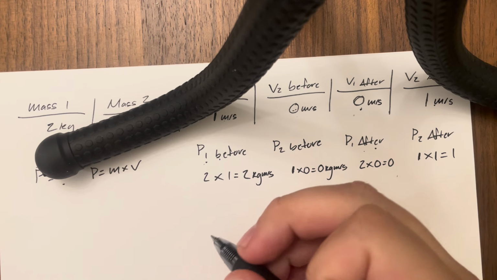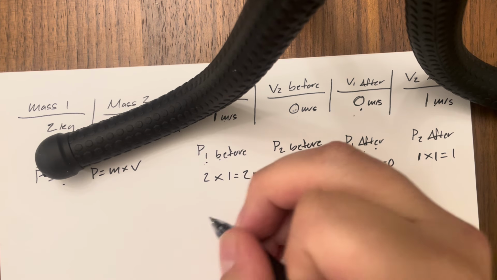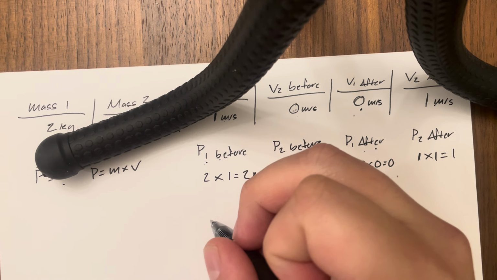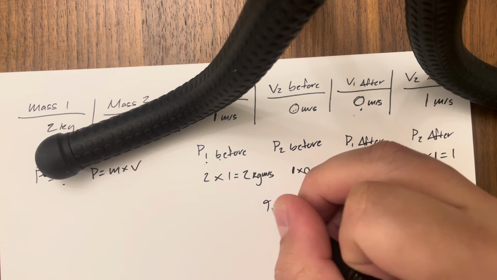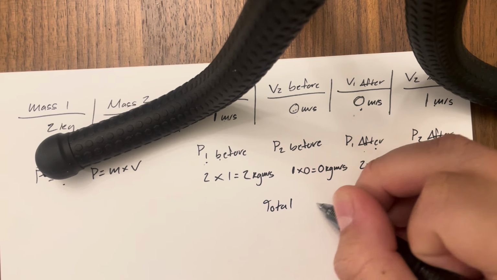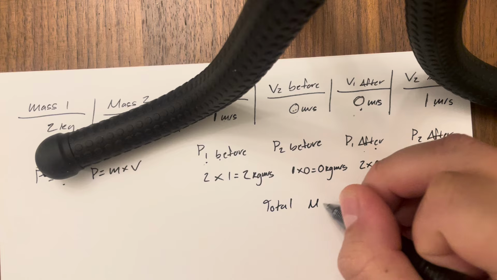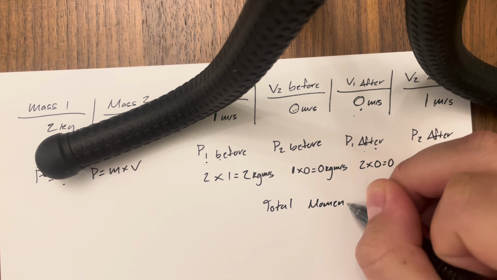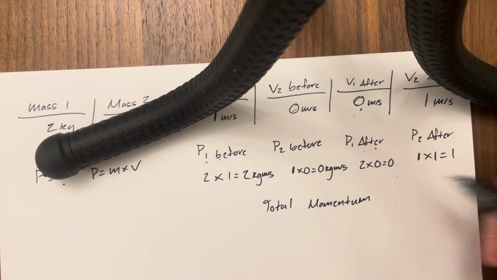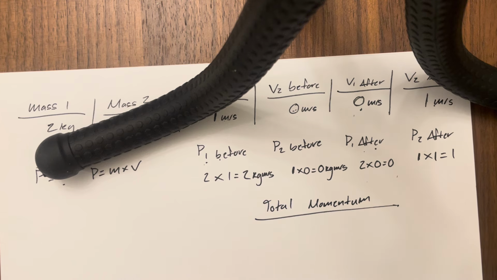The next thing it's going to ask you to solve for is total momentum. When we hear the word total, do we think add, subtract, multiply, or divide? We should think add. We're trying to find out how much there is total.